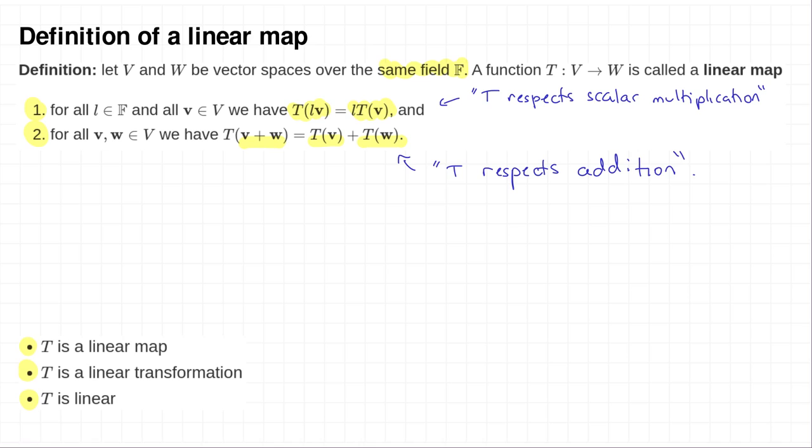All of those mean the exact same thing. Namely, they mean that T is a function between two vector spaces satisfying properties 1 and 2 from the definition which we've written at the top of the slide there.